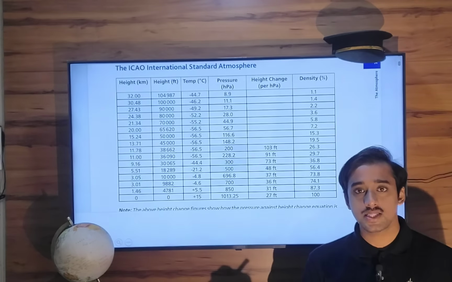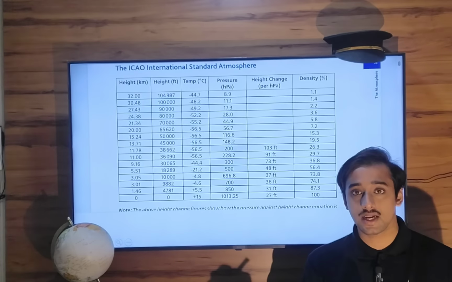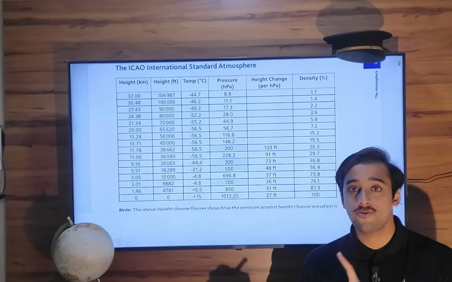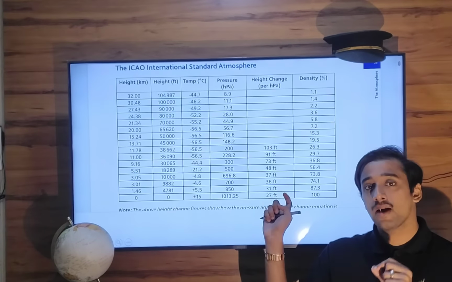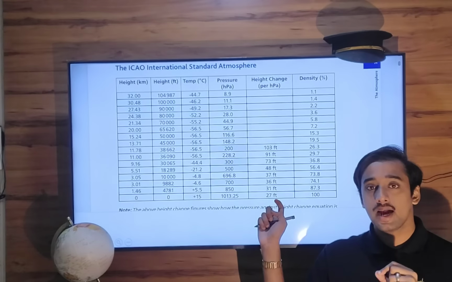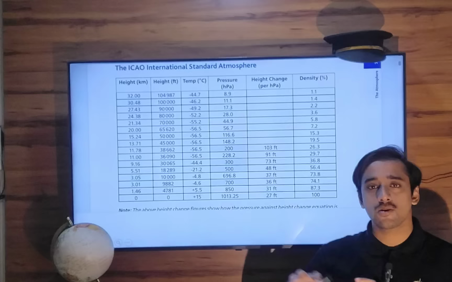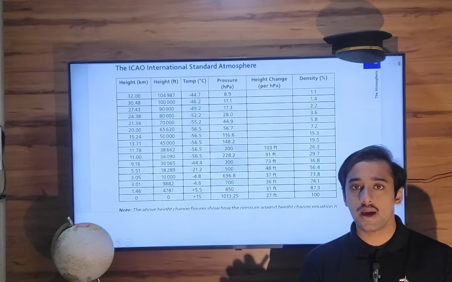That means at mean sea level, if atmospheric pressure is decreasing at the rate of 1 millibar for 30 feet, the same 1 millibar decrease in pressure will happen at a height change of 100 feet at 38,000 feet, approximately.